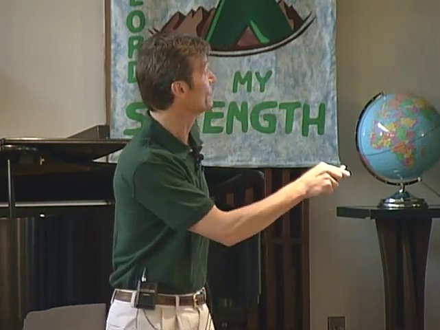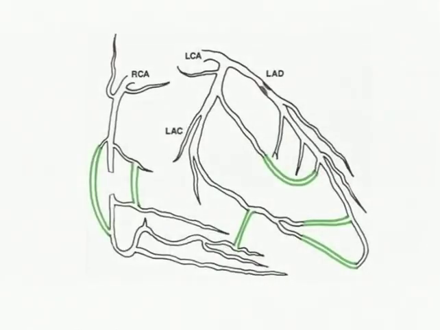Consider in the good artery or in the right coronary artery above the blockage, the blood pressure is high. In the right coronary below the blockage, the blood pressure is 0. There's no flow. We have a pressure differential. Blood, being a liquid, must follow the laws of physics. It wants to flow downhill from a high to a low pressure sink.